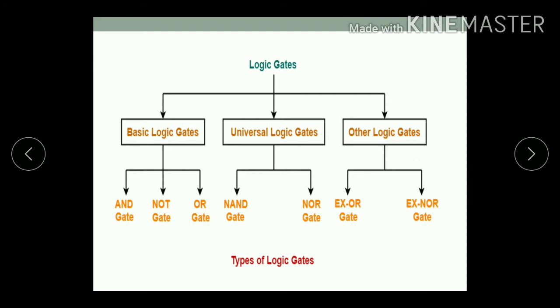Then basic logic gate is further classified into 3 categories, that is AND gate, then NOT gate and OR gate. Universal logic gate is classified into 2 types, NAND gate and NOR gate. Then other logic gates or derived gates is classified into 2 categories, that is XOR gate and XNOR gate. These are the types of logic gates.